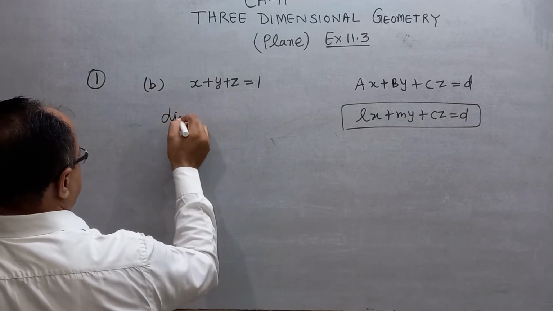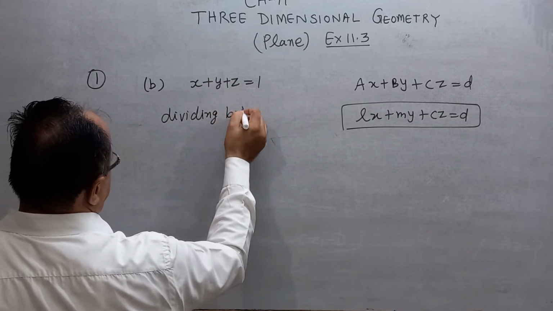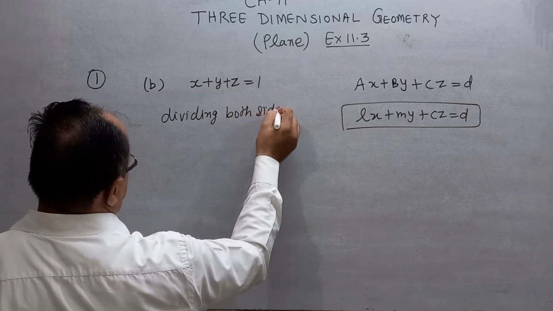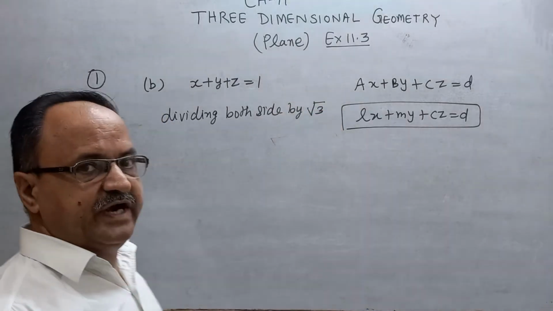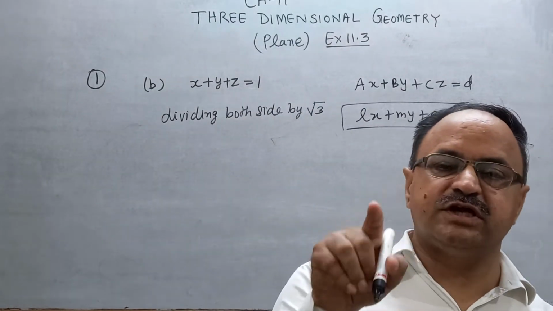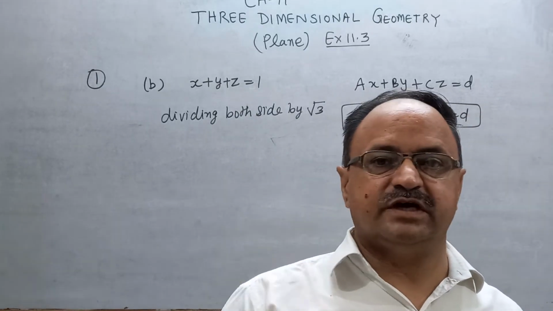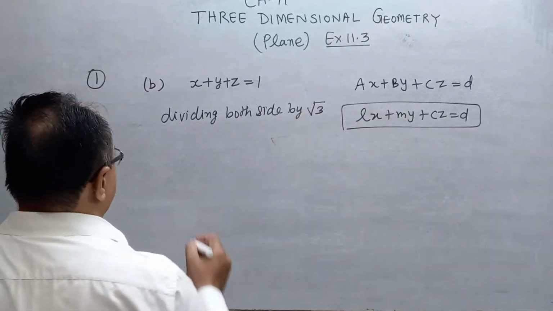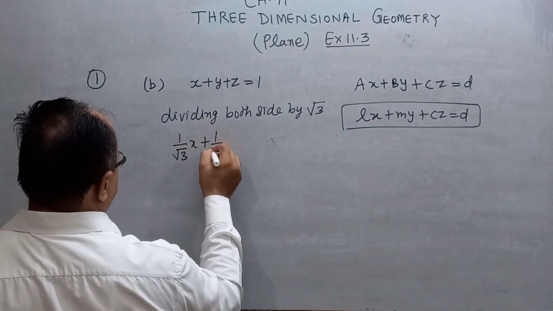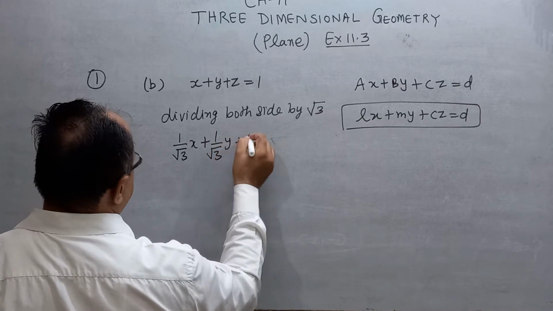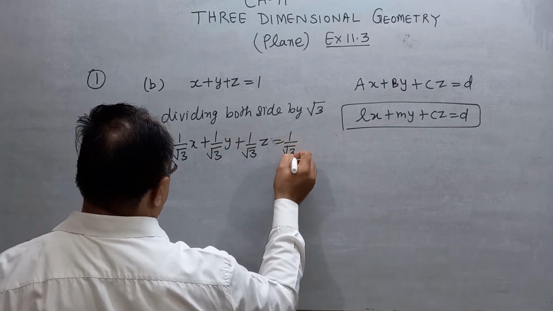Therefore, dividing both sides by root a square plus b square plus c square, that is root 3. Therefore, 1 by root 3 x plus 1 by root 3 y plus 1 by root 3 z is equal to 1 by root 3.